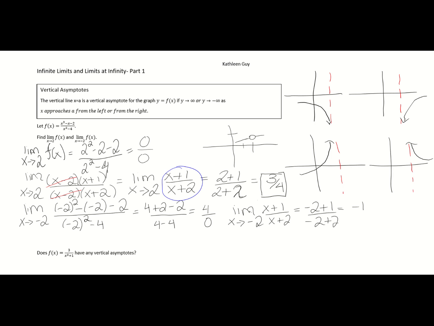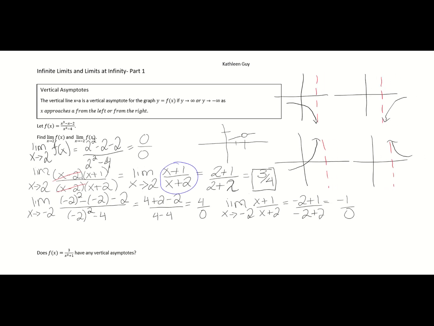So that will give me -1 over 0 still. Now, what this is telling me is that the function has a vertical asymptote there. All right, because when I put in -2, even in the factored form, it is still giving me a 0 in the bottom. So what we have to do now, like in the previous problem, is to use a table.